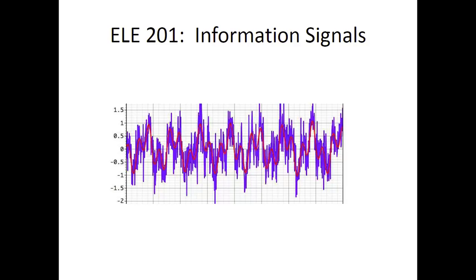Or you have a function where the domain is all real numbers, let's say time. Here's just an arbitrary signal. One thing you might want to do, very common when you're working with data, is smooth it.